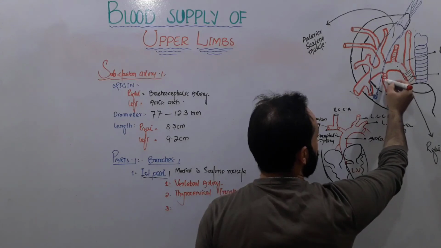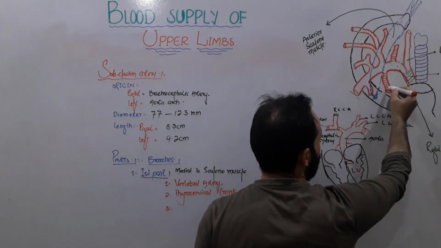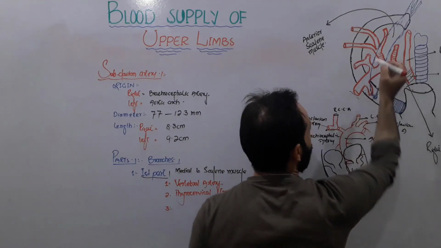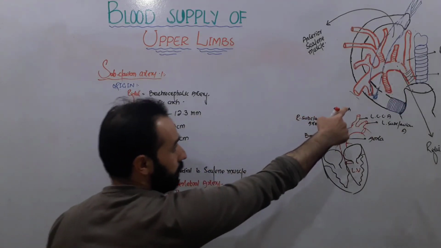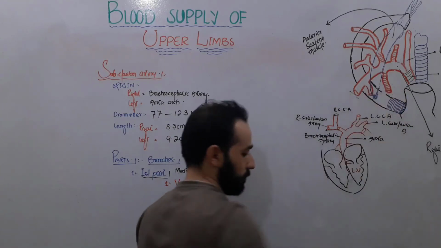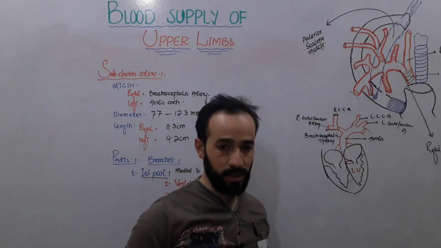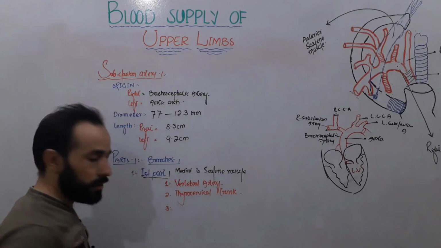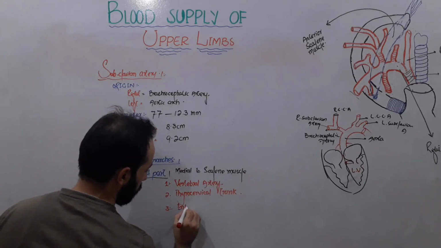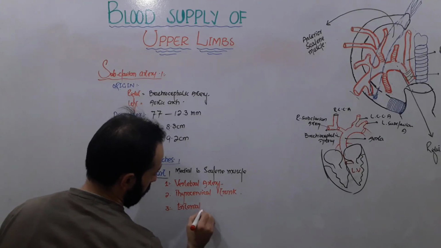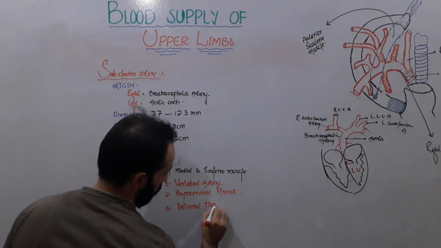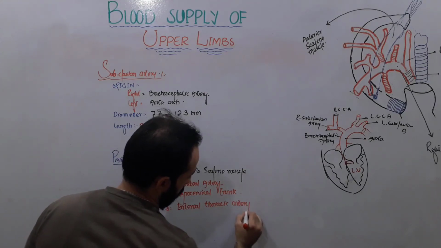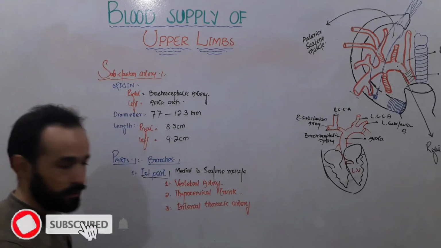This is the internal thoracic artery, right? This was our thyrocervical trunk. And this third artery which arises from this, moves down and comes anteriorly and supplies the intercostal spaces, is the internal thoracic artery. Right, very good, dear friends.